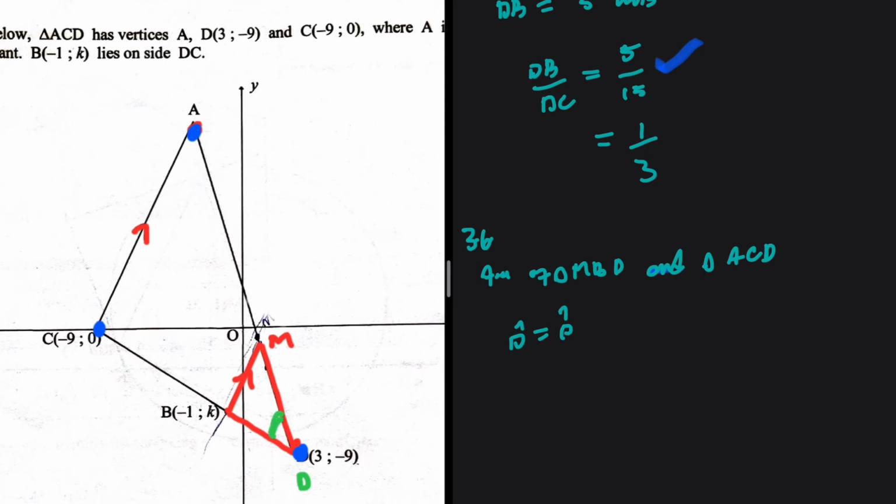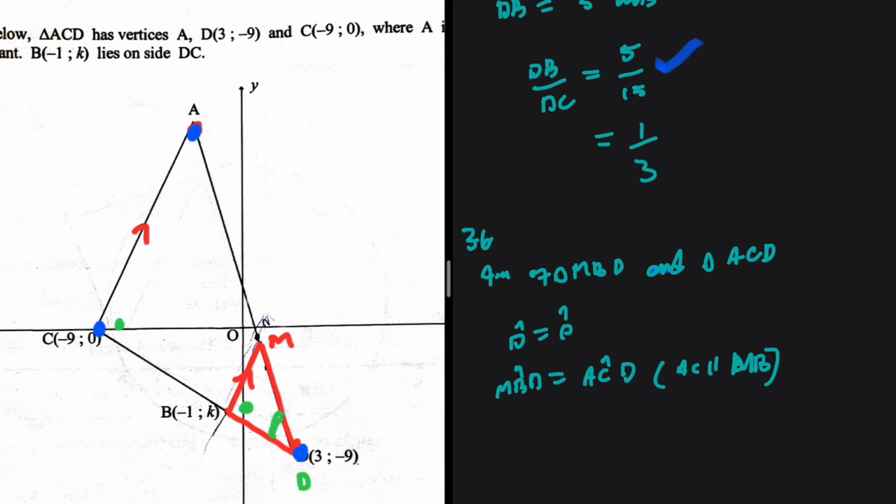Apart from that, angle MBD should be equal to angle ACD. They should be equal to each other because the two lines AC is parallel to MB. So the two angles should be equal to each other.